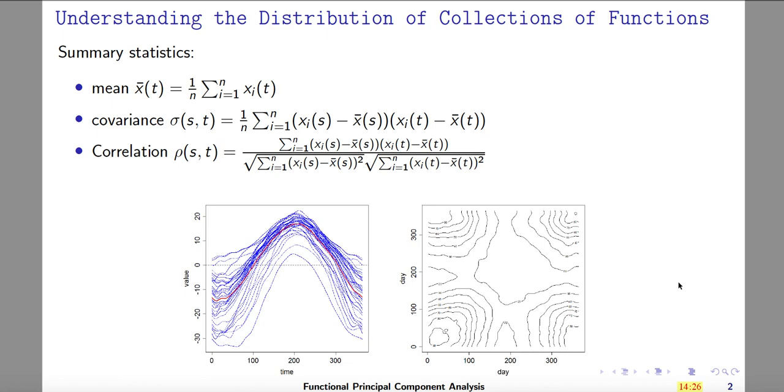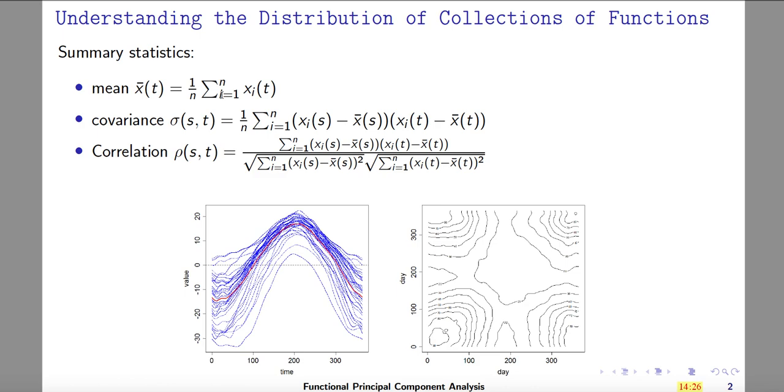So when we have multiple curves, we need to have some summary statistics. The summary statistics we can use are, first, the mean curve, which is the pointwise average of all these curves at each time point.